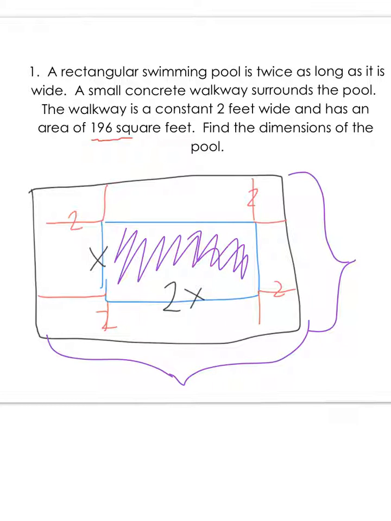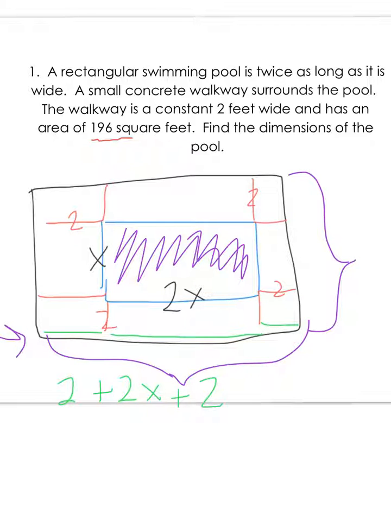So let's figure out this side down here first. I'm going to change colors here. I know that this here is 2 feet. I know this here is 2x, so I'll add on 2x. And that right there is 2.